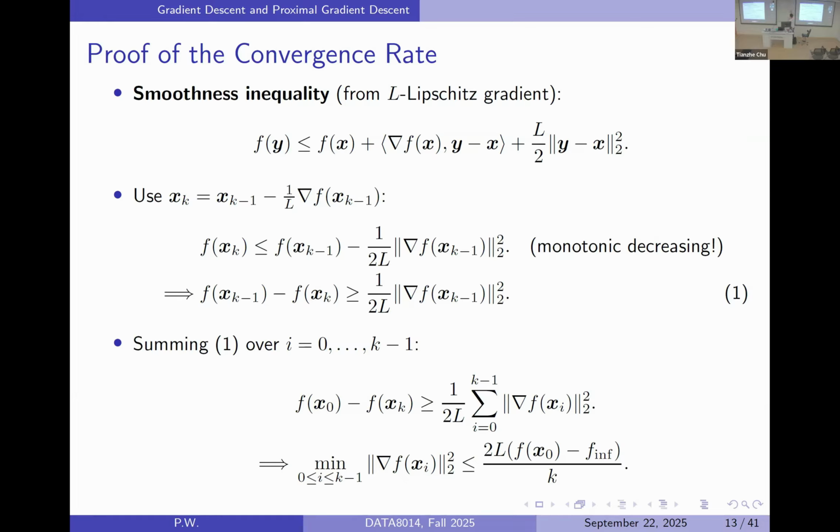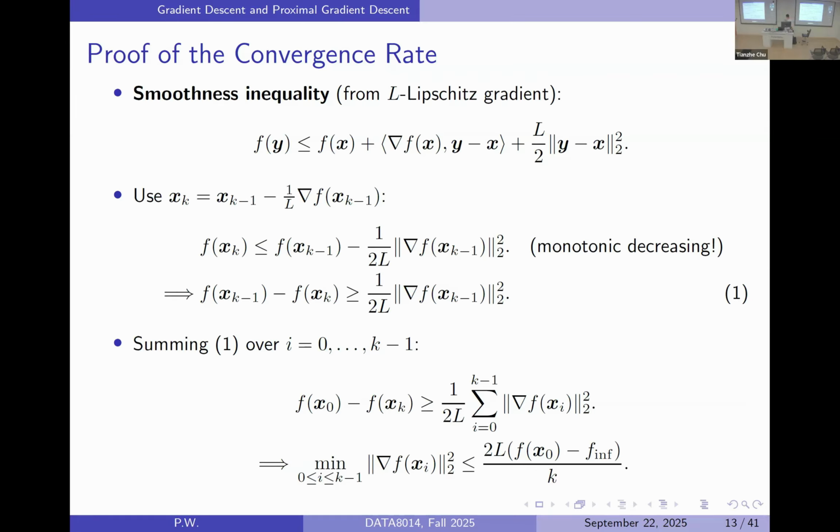Then we get the bound in terms of t times (y minus x). Then this equals to, oh, there's L, right?